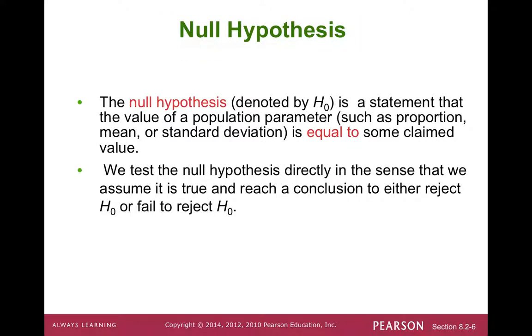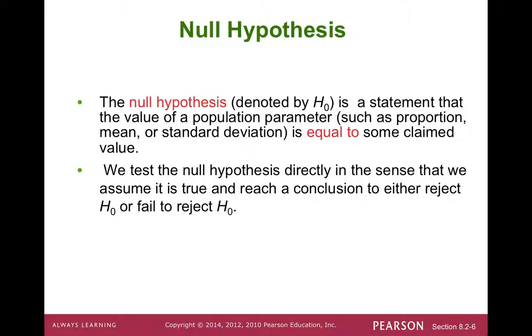So in hypothesis testing, we're going to have a null hypothesis and an alternative hypothesis. And it's important that we define what each of those is and that we know how to state them in terms of symbols. So the null hypothesis is denoted by H with a subscript of zero. The null hypothesis is a statement that the value of a population parameter, and a parameter could be something like a proportion, a mean, or a standard deviation, is equal to some claimed value.